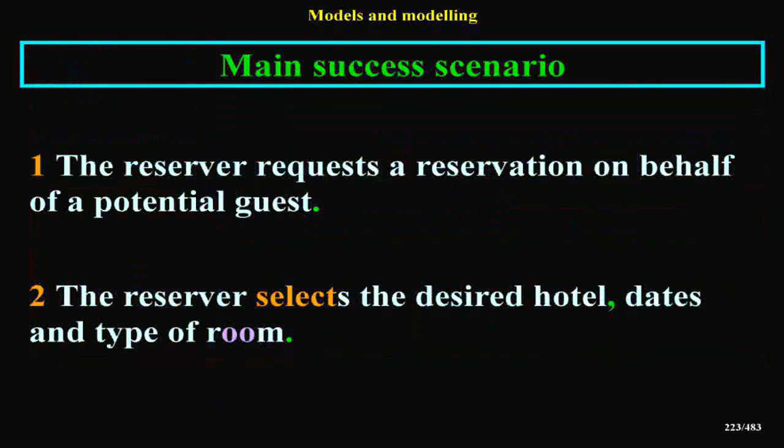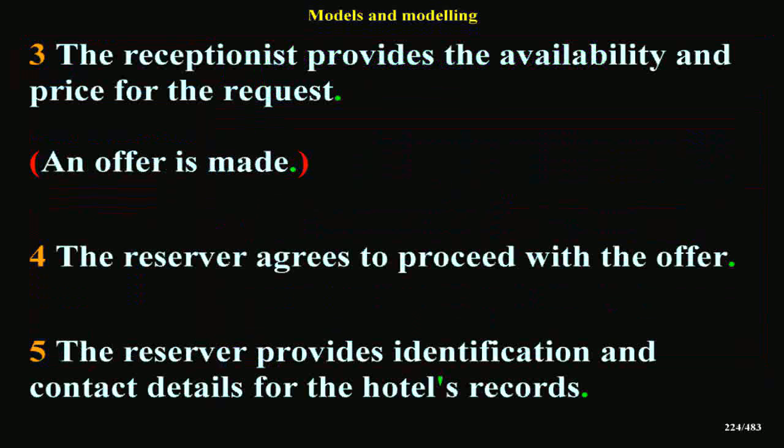Main Success Scenario. 1. The reserver requests a reservation on behalf of a potential guest. 2. The reserver selects the desired hotel, dates and type of room. 3. The receptionist provides the availability and price for the request. An offer is made. 4. The reserver agrees to proceed with the offer. 5.